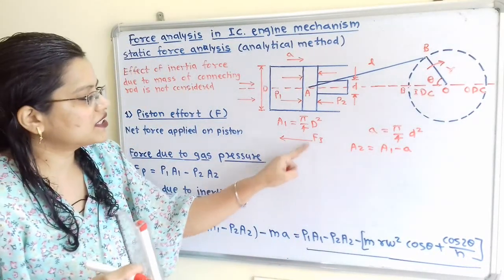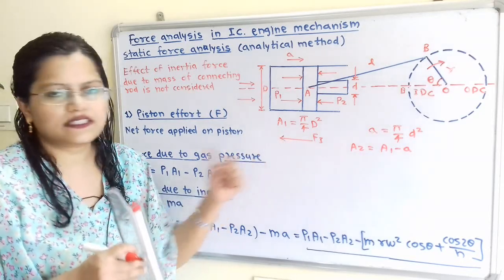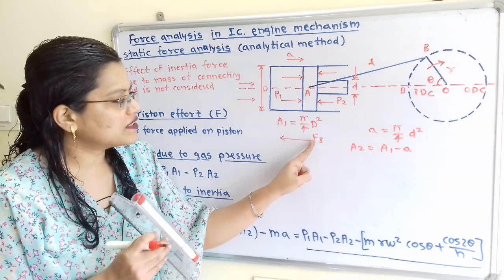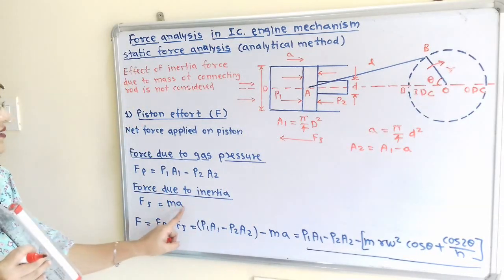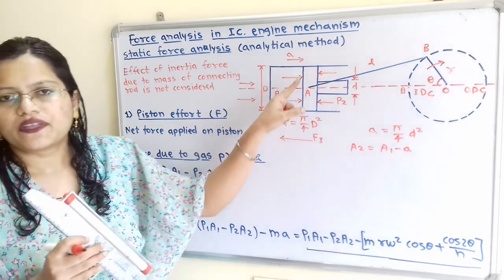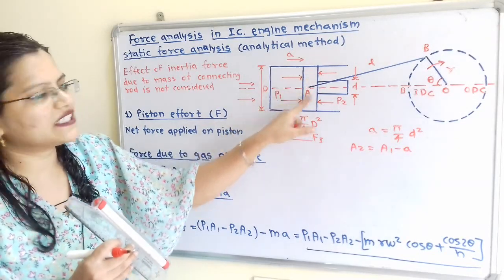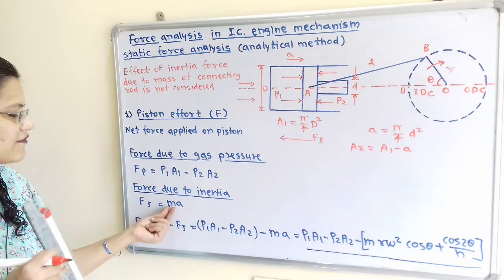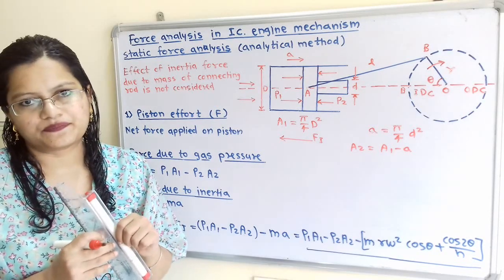So this inertia force acts in the opposite direction. So how to calculate this Fi? So this Fi is equal to mass into acceleration. So what is the mass? The mass is nothing but mass of these reciprocating parts. So we have to consider Fi is equal to m into a.